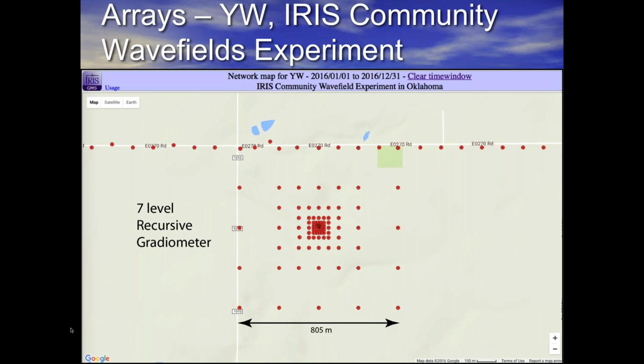So you have to talk about what phase velocity you want to look at. If you have a P wave going across it at 6 kilometers per second, the wavelength for a 1 hertz P wave would be 6 kilometers. And so this gradiometer overall would be really good for that.